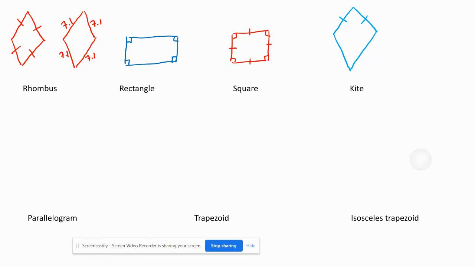The two sides at the bottom are also equal, but not all four. Once again, I can mark them with slashes, or I can give you numbers. I can do 5.3, 5.3 on the top, and I can call this 7.2, 7.2. The two on the top are equal, the two at the bottom are equal, not all four. So that's what makes it a kite.